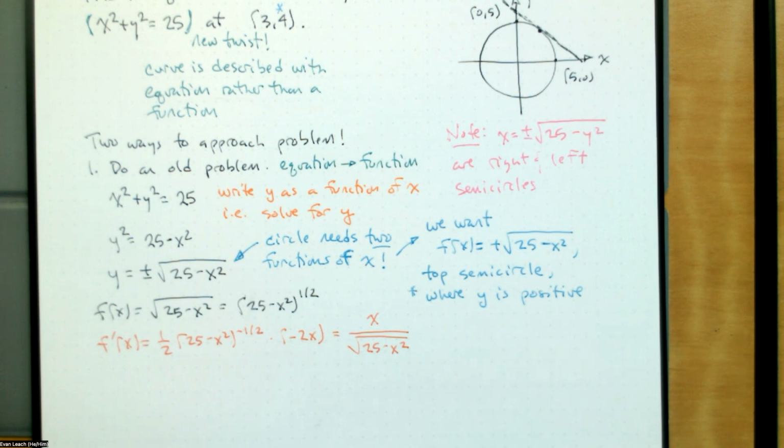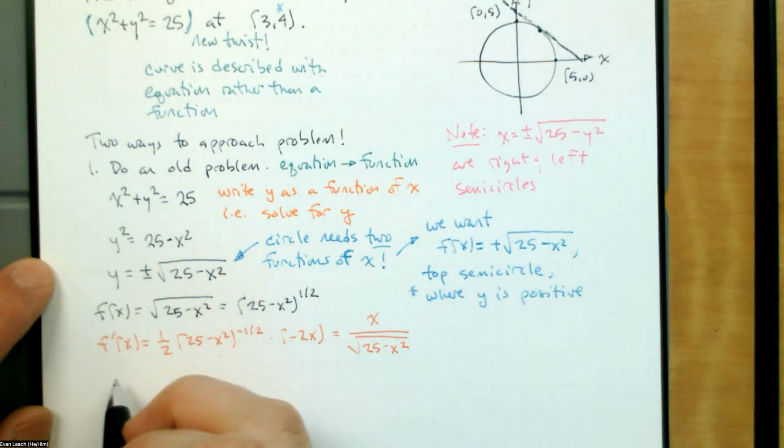Our derivative is purely a function of x, so I'm just going to grab the x coordinate of the point we're interested in. We're interested in what's going on when x is equal to 3. So I want to find f prime of 3.